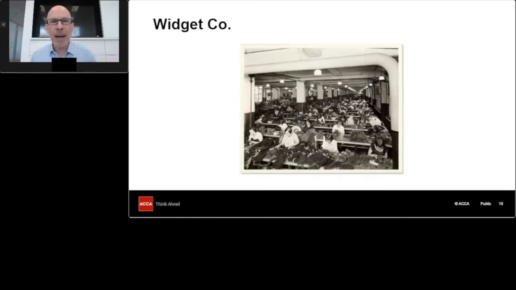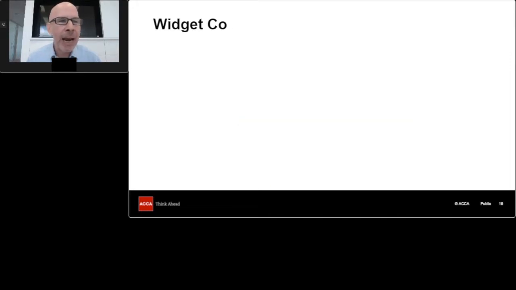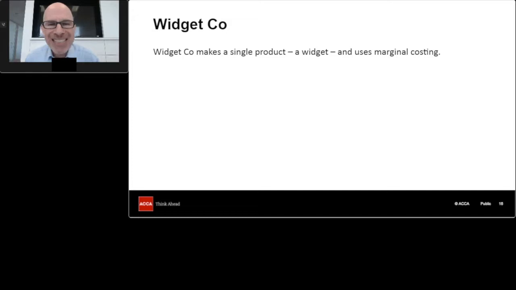We're talking about the widget company, okay? Widget is a fictitious name that we use in accounting to talk about costs. So we have the widget company. And widget makes a single product, friends, and they use marginal costing, okay? That's an important clue.